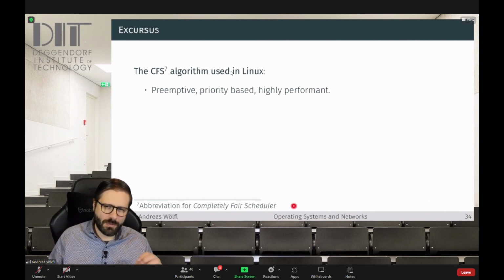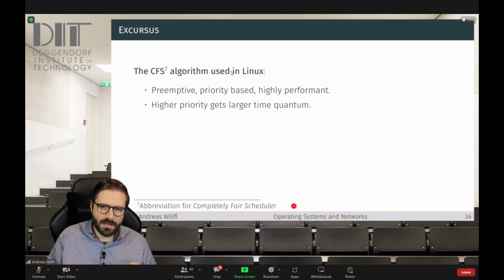And as it's priority based, we have these priority levels. And the higher the priority, the larger the quantum size. Because of user expectations and proportionality, we want high priority processes to go through the system as fast as possible.